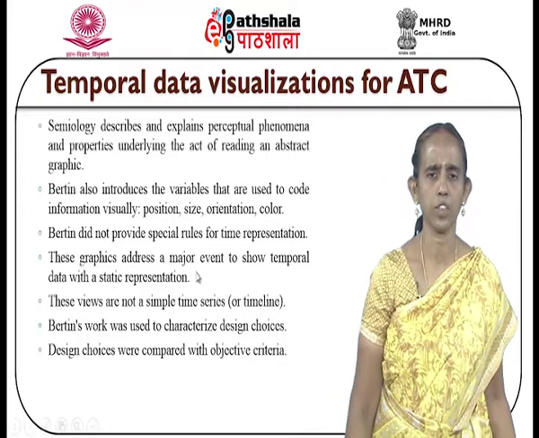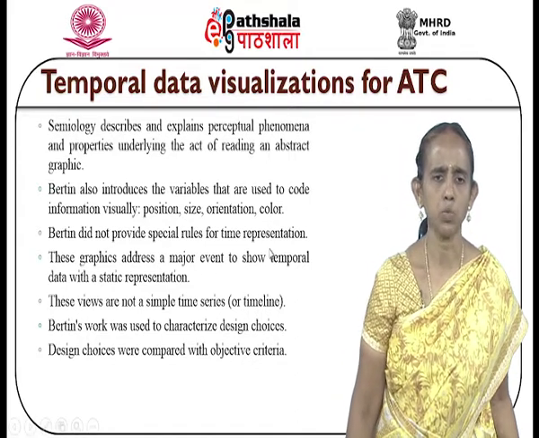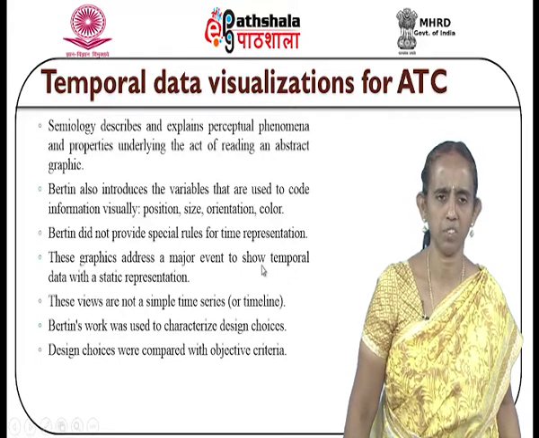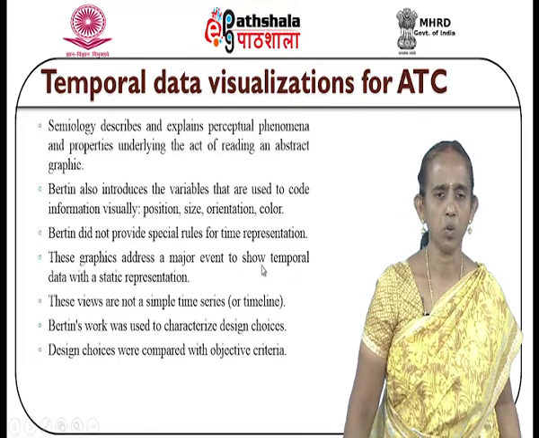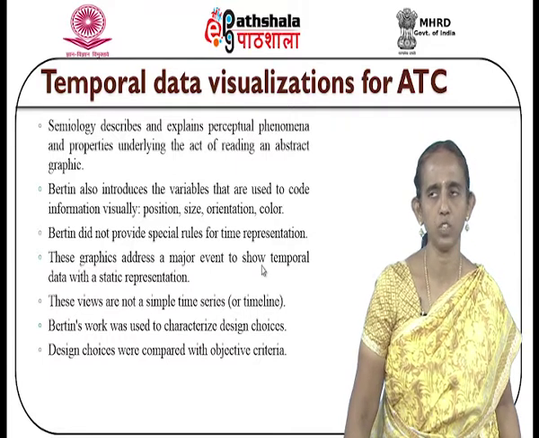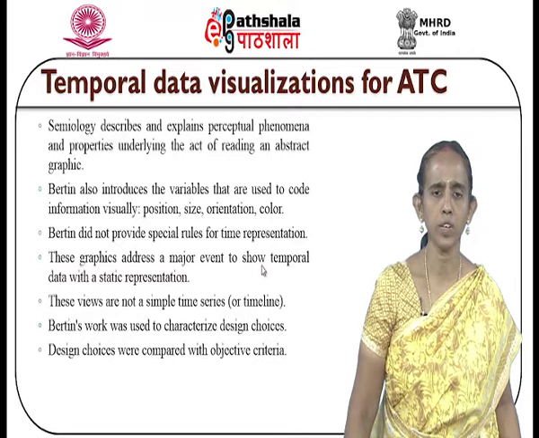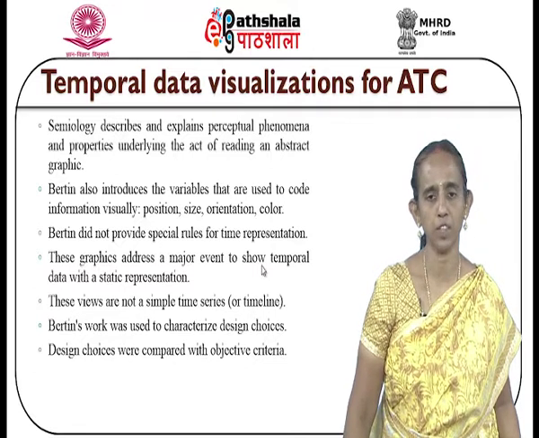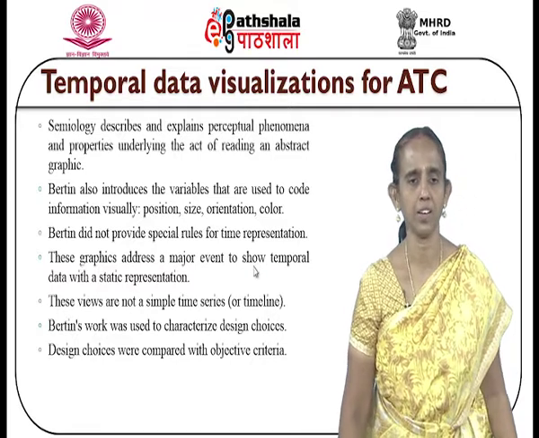Semiology also describes and explains the perceptual phenomena and properties underlying the act of reading an abstract graphic. Bertin also tried to introduce variables that are used to code the information visually, namely the position of the data point, the size of the data point, the orientation of the data point, and the color of the data point.